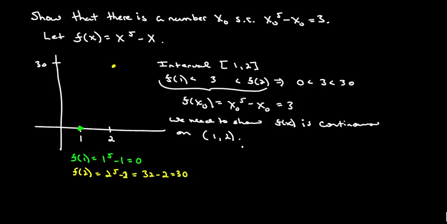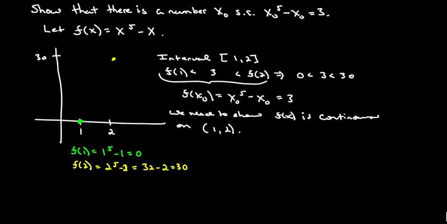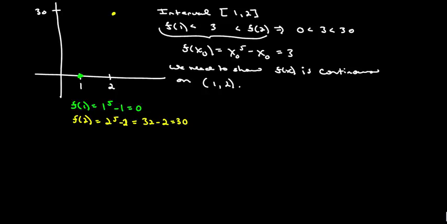There's a couple approaches that we can look at. The most generic approach is to say this guy's a polynomial, and polynomials are always continuous. So that's one way of looking at it. Another, better way of looking at it, in a way that you should begin to look at these things, is that if it's differentiable on that interval, then it's also continuous. So let's take f prime of x, which is equal to 5x to the 4th minus 1.